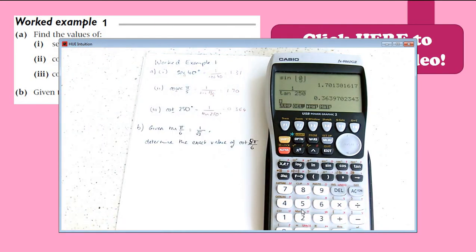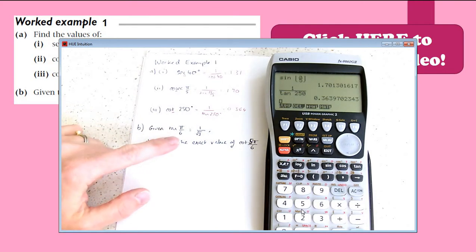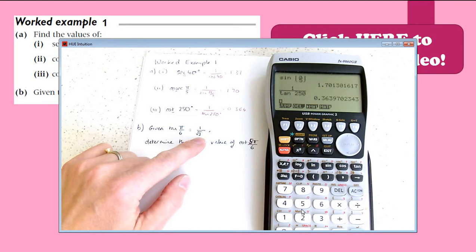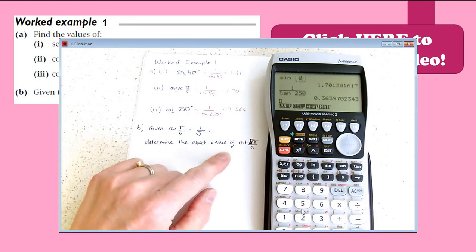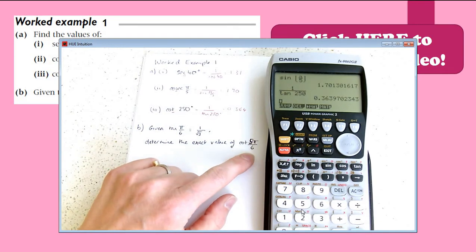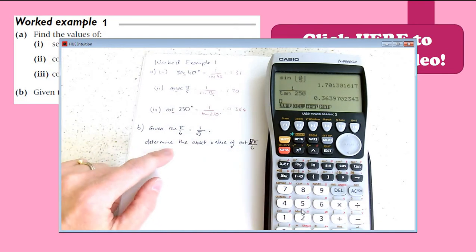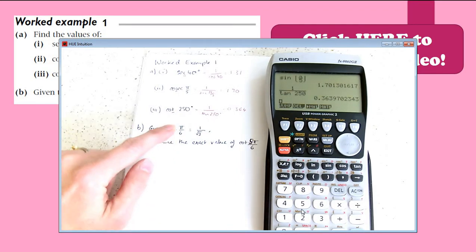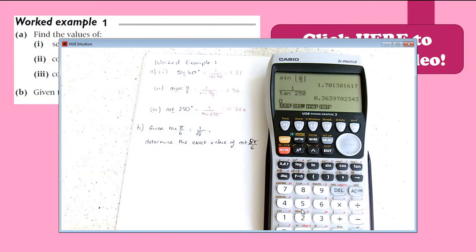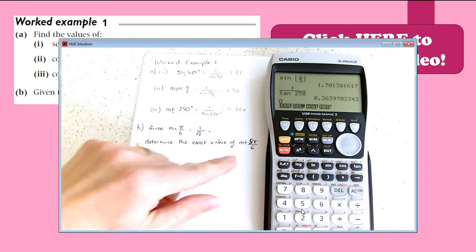Okay, for the next question, given that tan pi over 6 is 1 over root 3, we have to determine the exact value of cot 5 pi over 6. Now, determine would suggest that we have to show some detail in our working. So tan of pi over 6 is 1 over root 3, and we want cot.